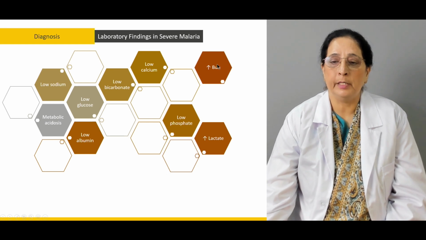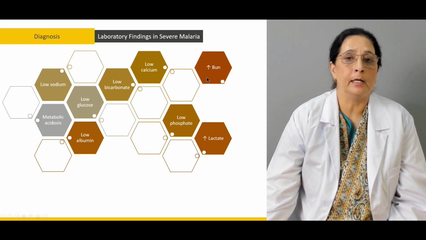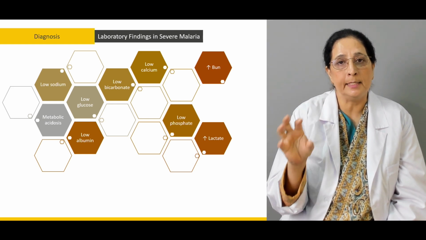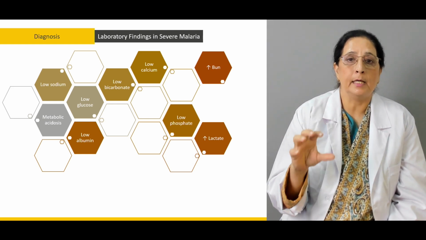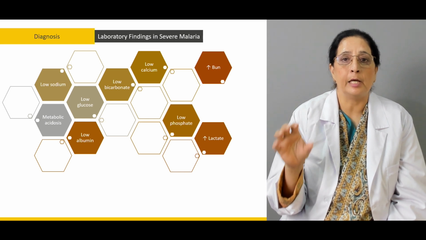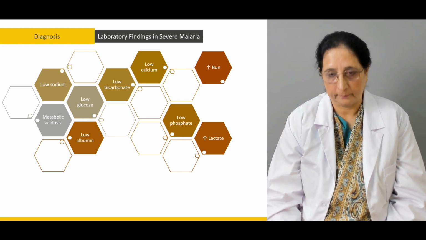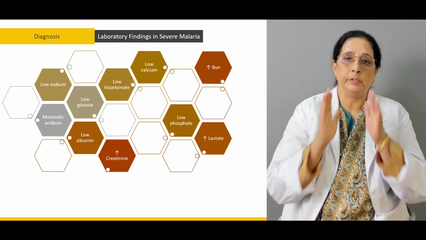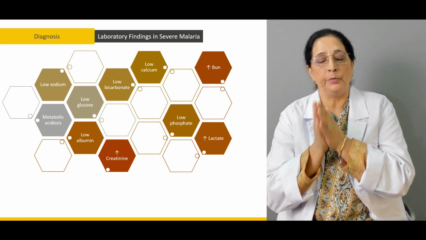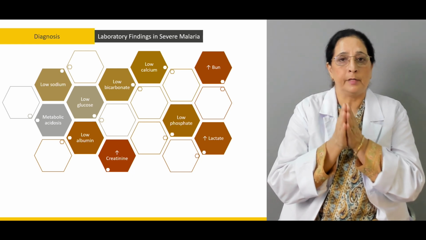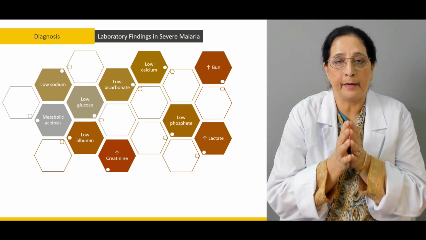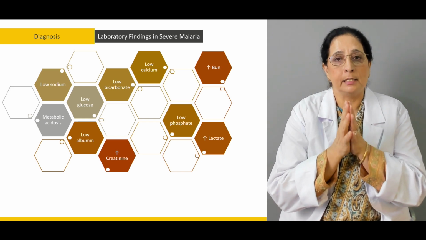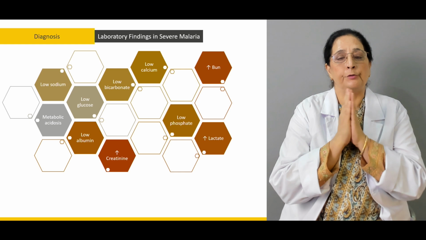There is also an increase in blood urea nitrogen because of the effect on the kidneys. An increase in creatinine. Both creatinine and blood urea nitrogen are increased because of the effect on the kidneys, and there is a decrease in glomerular filtration rate.